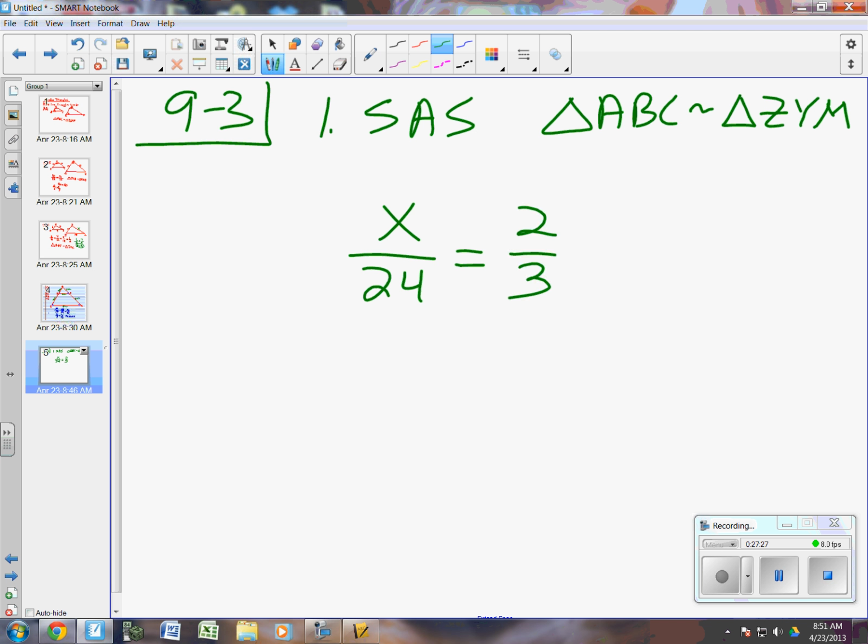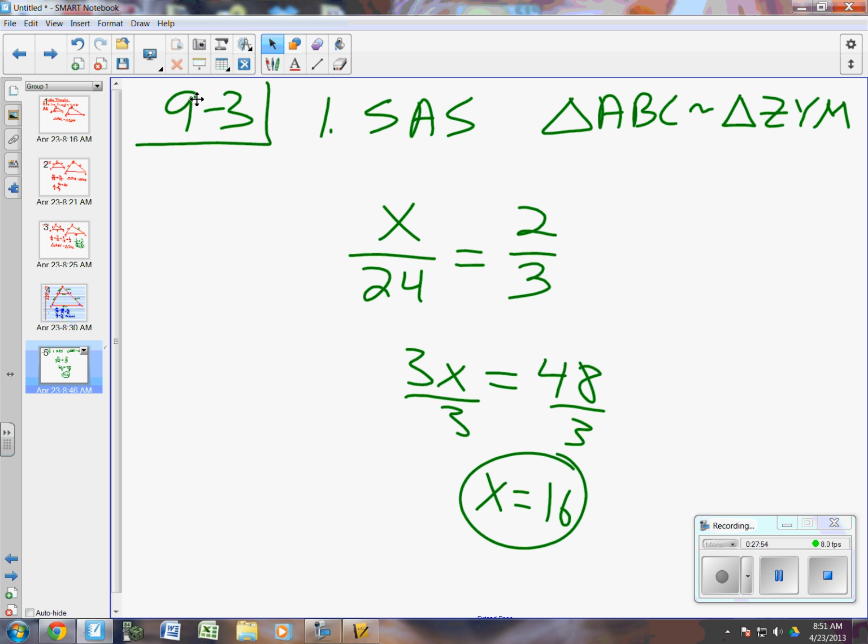And how do I finish that? Cross multiply. So what would I do, Kyson? 3x equals 48, right? 2 times 24 is 48. What would I do next? And what would I get? 16. Okay, and there's my answer. Do you guys know how to do that side? Okay, turn it over to the side that says 9-4.